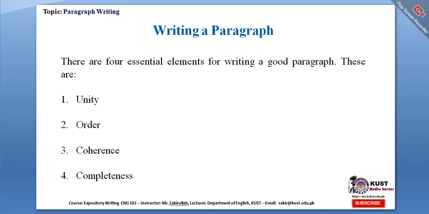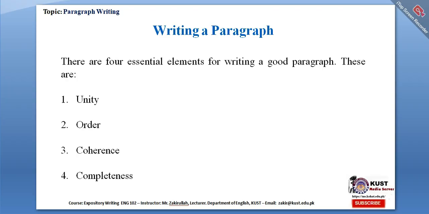So, a good paragraph is built on the following essential elements, that is unity, order, coherence, and completeness. Each of these elements plays an important role in making the paragraph clear, effective, and meaningful. The first one is unity.